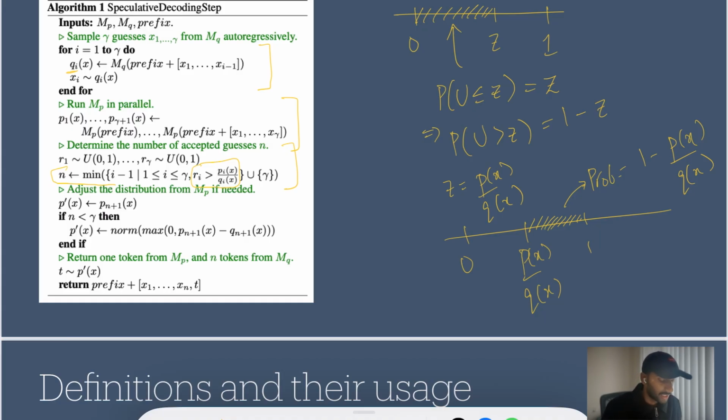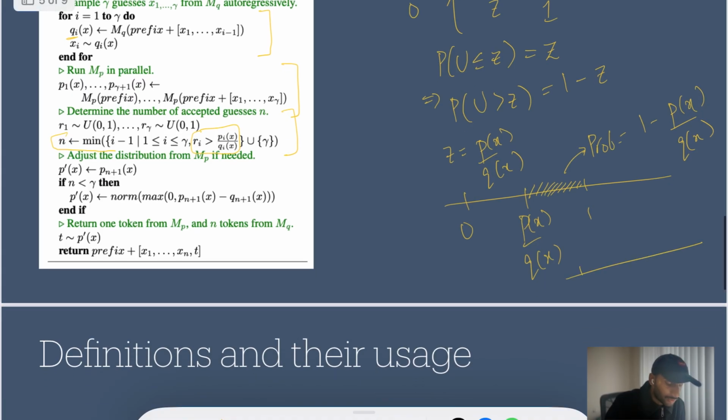Also note here that p of x over q of x is going to lie between 0 and 1 only when p of x is less than q of x, right? That is when the target LLM does not think that the approximation LLM's predicted token is as likely. In the cases when p is greater than or equal to q, this value would lie outside.